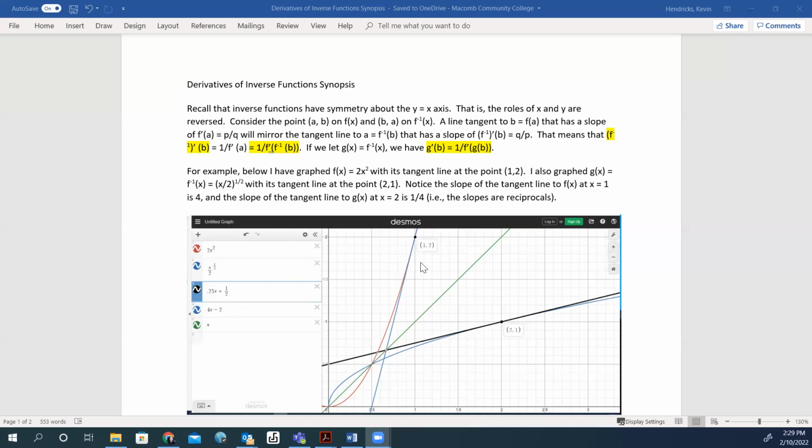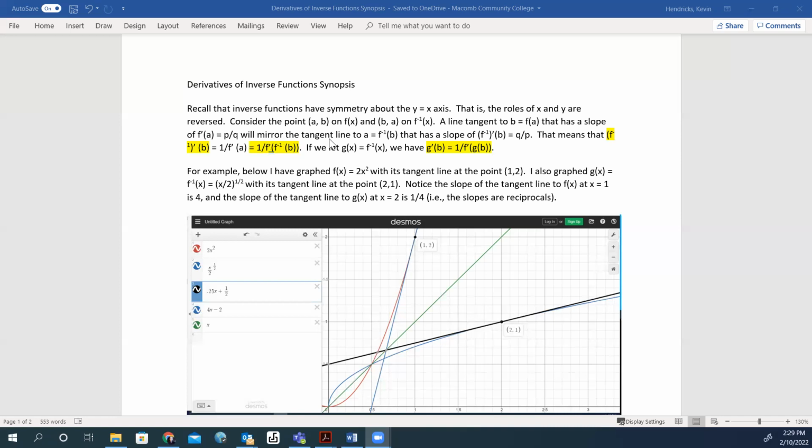In the example you see on Desmos, the derivative of 2x squared, which is 4x, will have a slope of 4. So this tangent line, another blue line, tangent to f of x at the point 1, 2 has a slope of 4. So the P over Q you could consider to be 4 over 1.